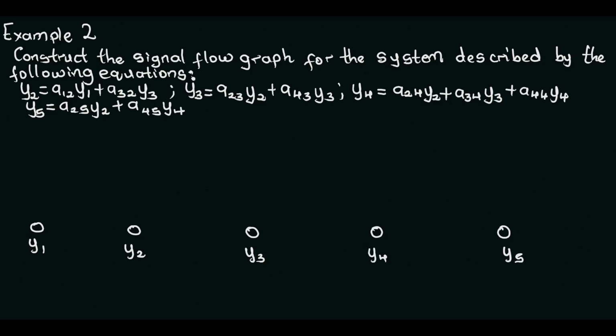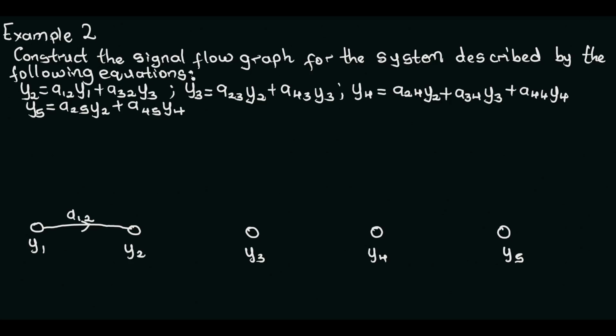Then you draw your branches. So first, for the first equation, we have Y2 equals a12 Y1. A12 means it's moving from Y1 to Y2. Then a32 Y3 signifies that it's moving from Y3 to Y2.